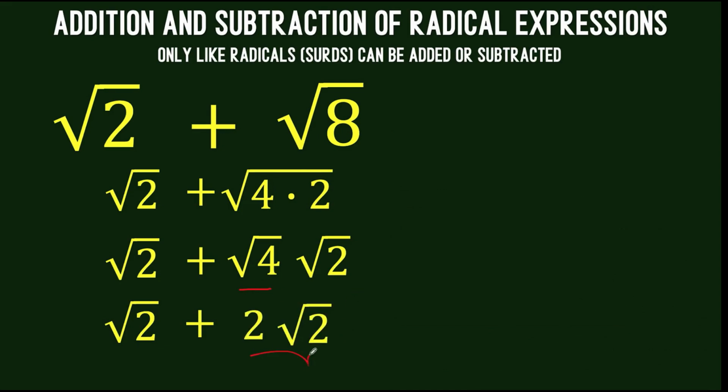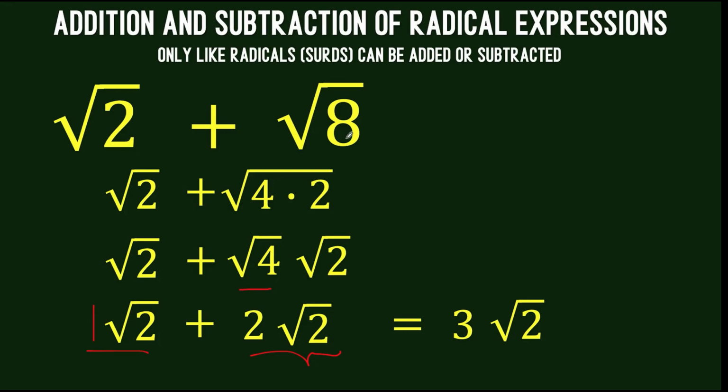You now have here 2 copies of square root of 2 and 1 copy of square root of 2. That is equal to 3 copies of square root of 2. That is the reason why we are learning how to simplify radicals. Because we want to know how many copies of surds there are in case the radical is an irrational number, because only like surds or only like radicals can be added or subtracted.